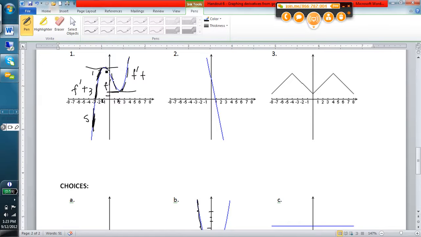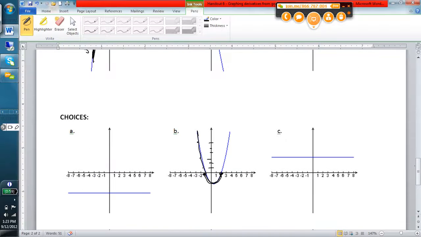You start here, small negative, then it gets a little bigger negative, -1, then a little bigger negative, but then it starts progressively coming back to 0. That's what this does. Then it comes back to 0 when we get to that. That's looking pretty good. And then the positive slopes, yeah, positive derivatives on that. Okay? All right, so that's B.